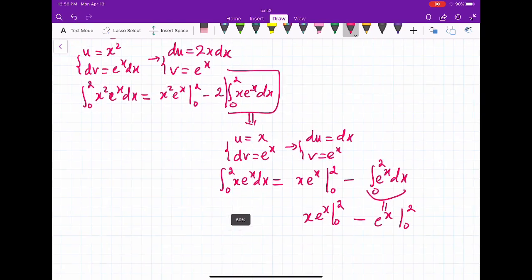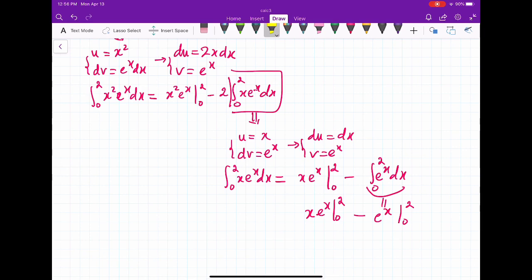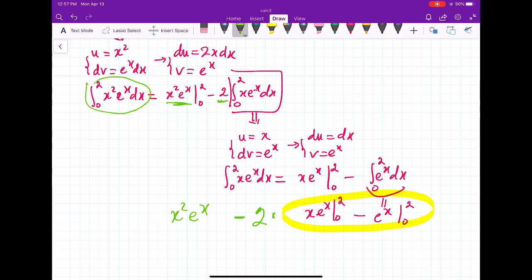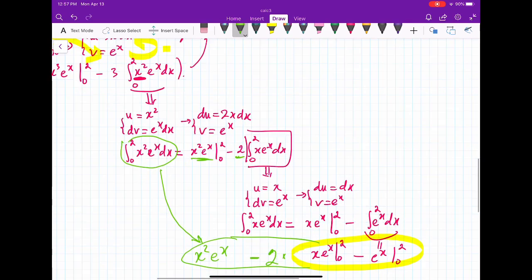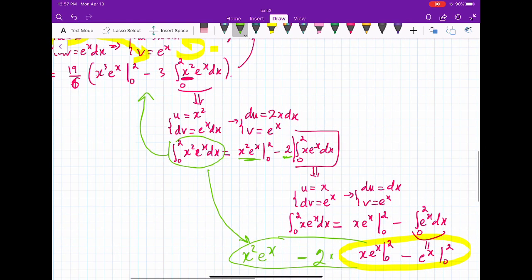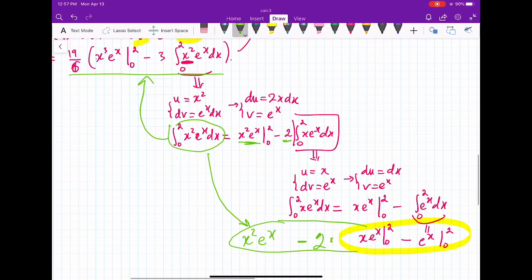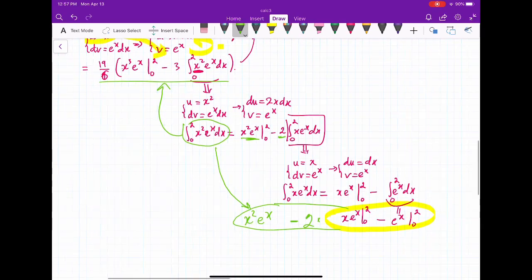Alright, now let's be careful to compile everything, right? First, you have this term times 2 right here, right? And then subtract, okay? This integral right here is x squared e^x. That's what you have in here. Makes sense? And then you have to plug this into this formula. Agree? So overall, I will have the following one.